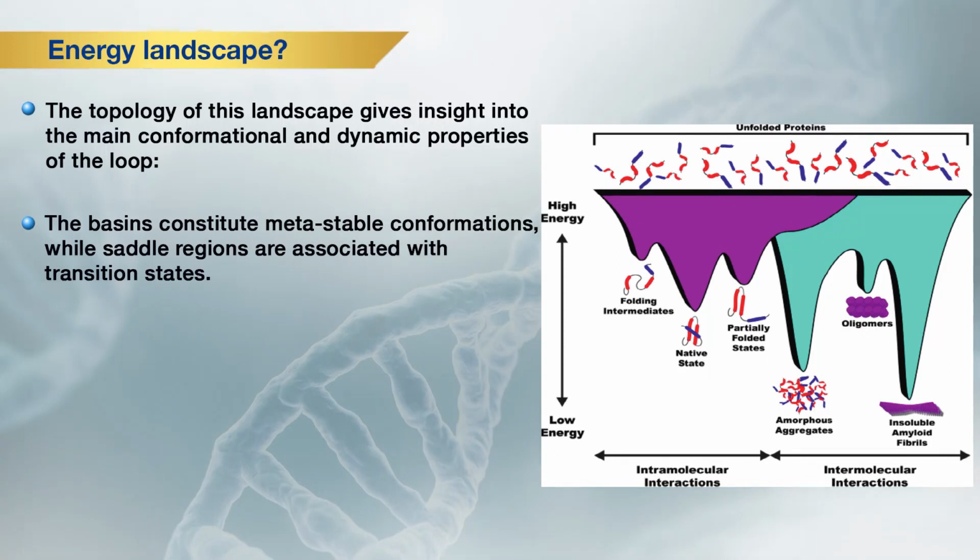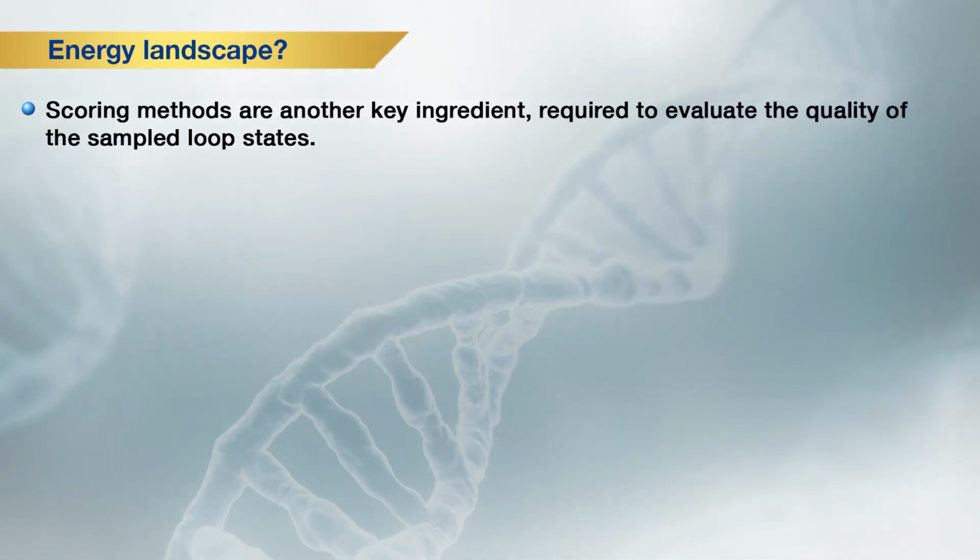To see the properties of the loop, the basins constitute metastable conformations, while saddle regions are associated with the transition states of the loop. Another method of loop understanding is scoring methods, another key ingredient required to evaluate the quality of the sampled loop states.